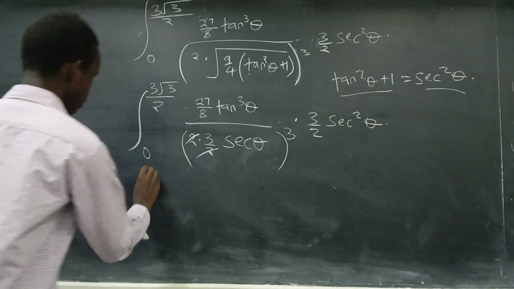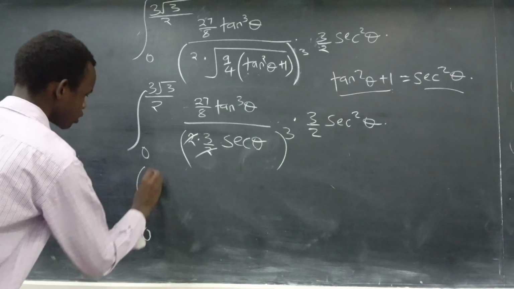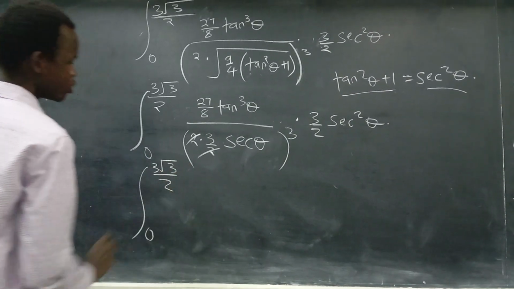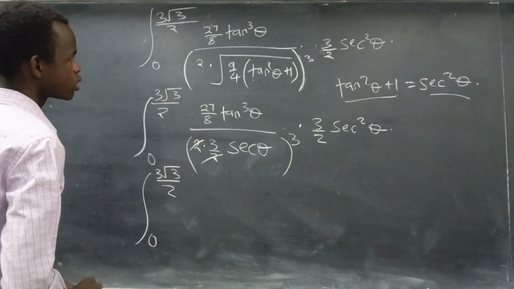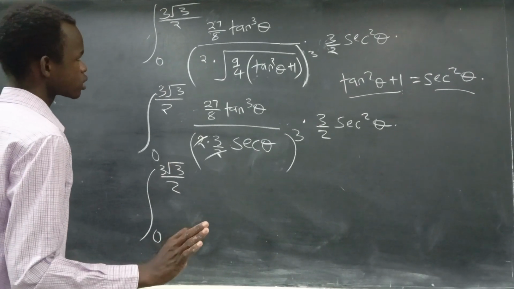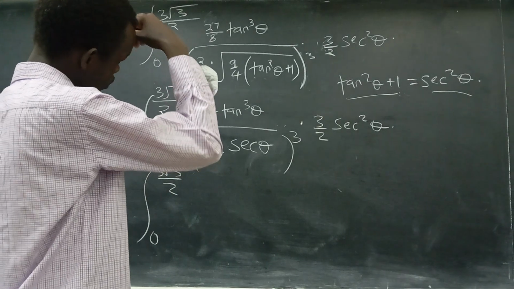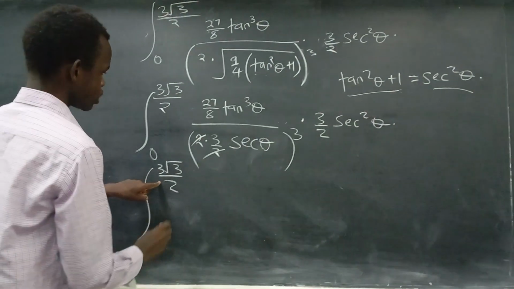Okay, so I'll write the integral from 0 to 3 square root of 3 divided by 2 to be, okay, so we'll just continue.